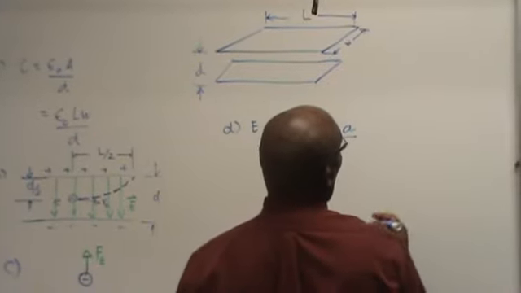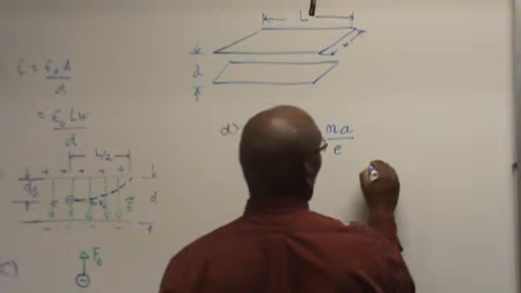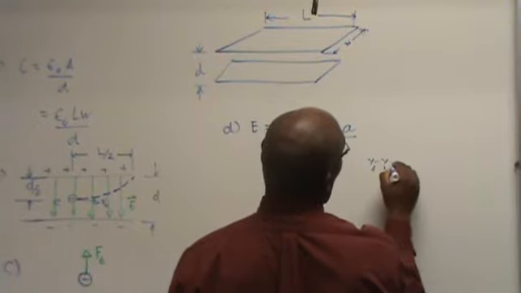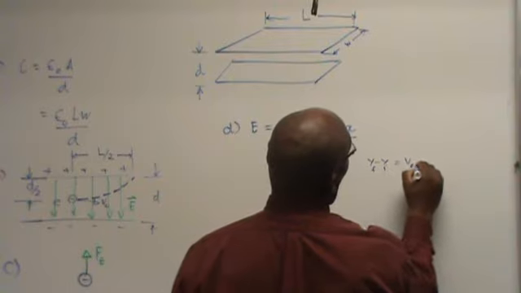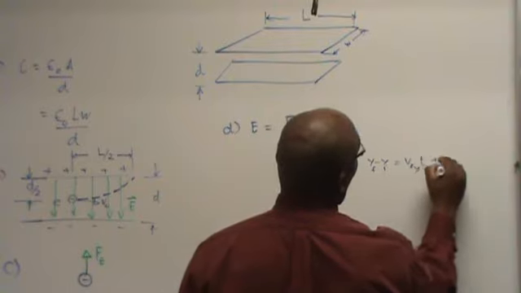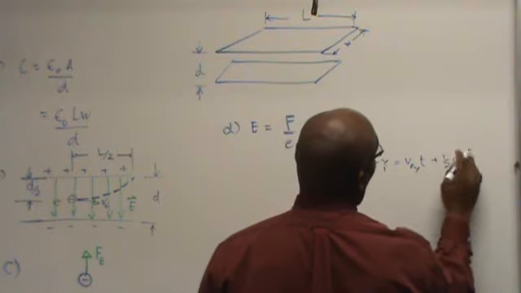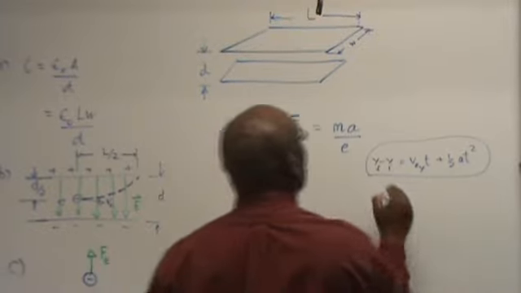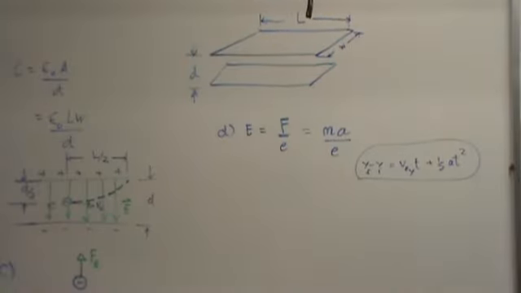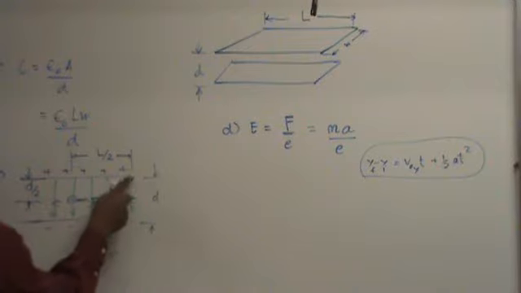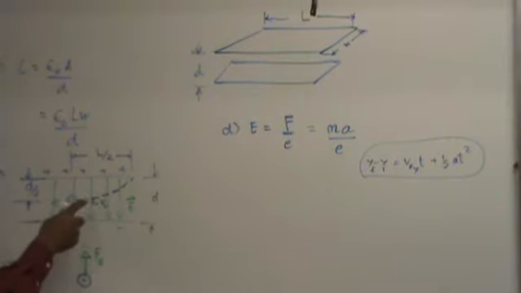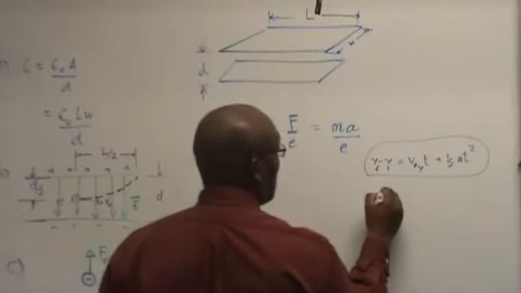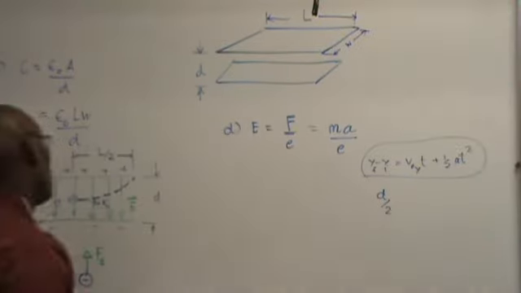Here's one of them for the y component. y final minus y initial equals V0y times t plus 1/2 a t squared. Let's look at that one. If this thing is traveling this way, parabolic path, y final minus y initial is going to be d over 2, right there.